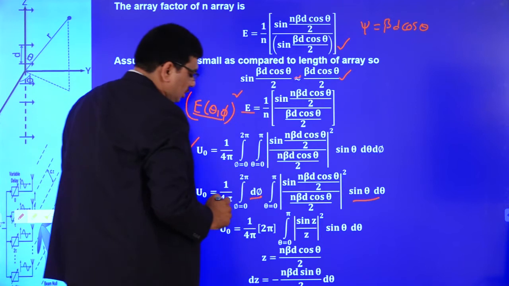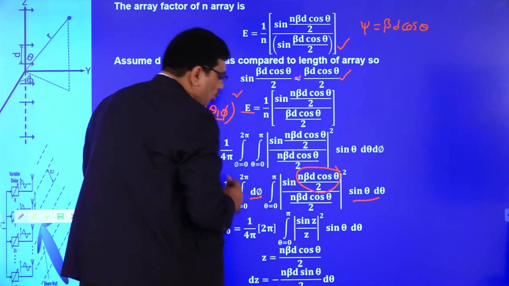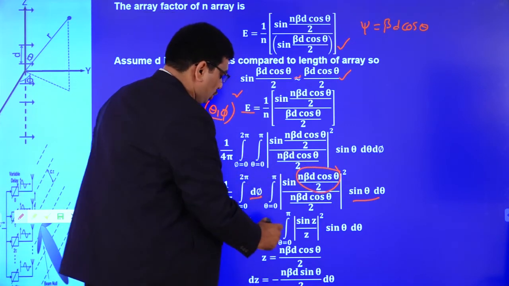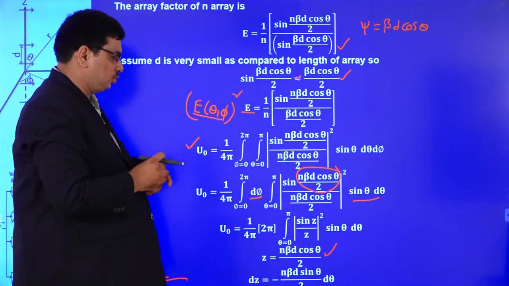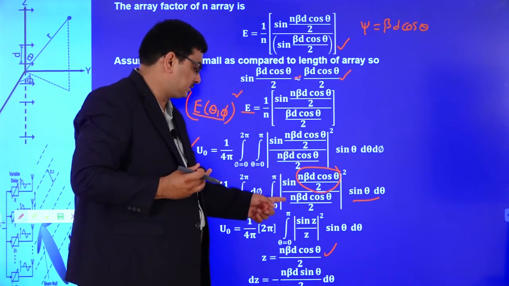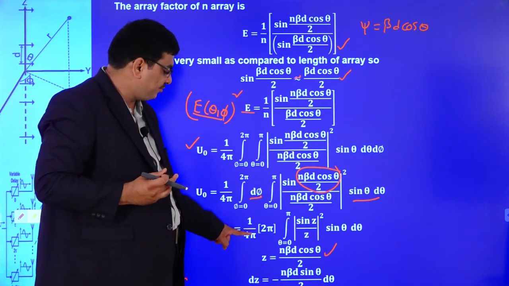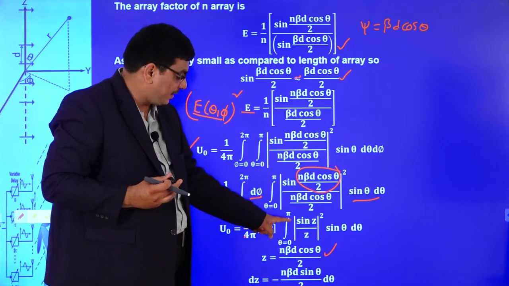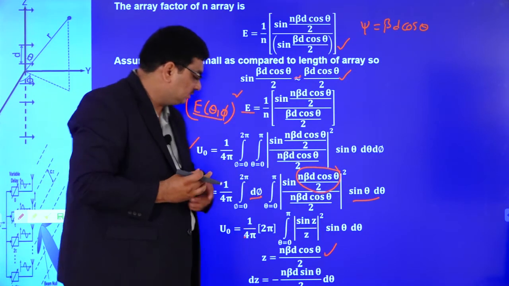What I am doing is taking z is equal to n beta d cos theta by 2, and substituting this in this expression. Then what we get is U naught is equal to 1 by 4 pi into 2 pi into the integration over theta from 0 to pi of (sin z by z) whole square into sin theta d theta.